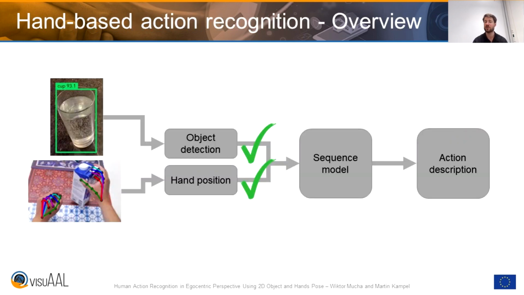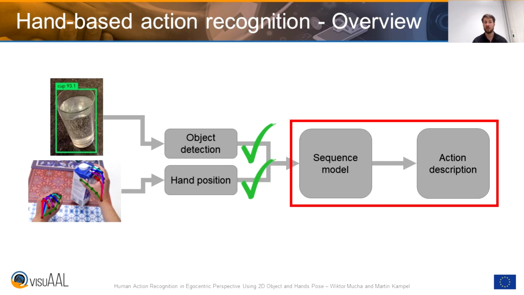So the hand position part is done, and for the object detection here, we employ YOLO V7 pre-trained on another dataset, which I will skip as not that important at this moment, and I will go to the sequence model, which is more interesting.